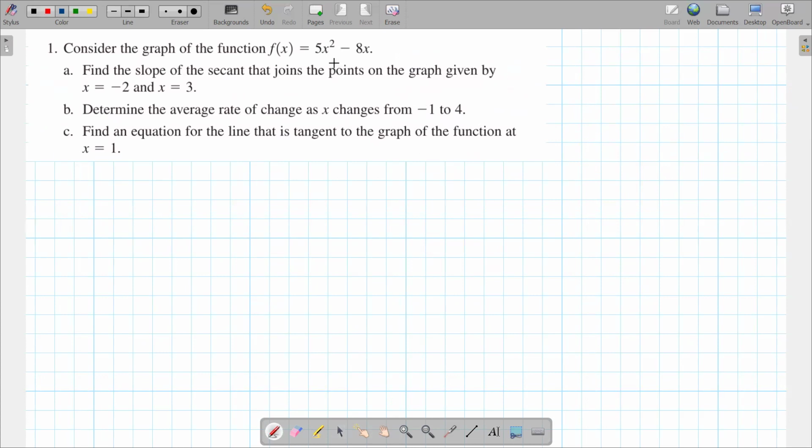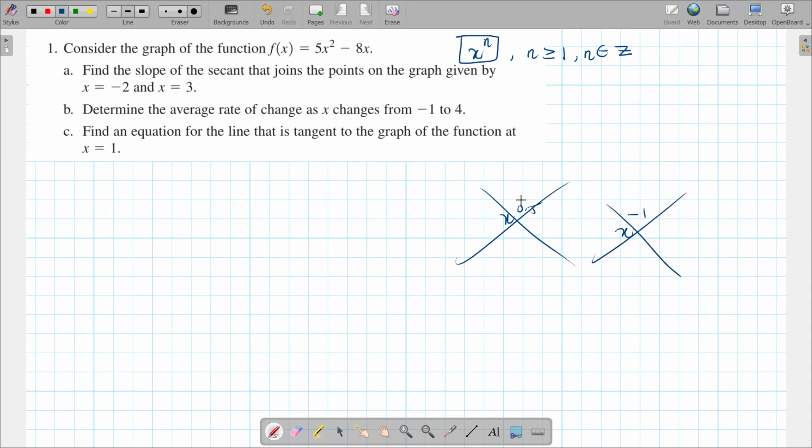So to graph a polynomial function, when I say polynomial, I'm talking about x to the power of n. Anything in this form, but that n has to be greater than or equal to 1, and it can only be integers or whole numbers. X to the power of 0.5, this is not a polynomial. X to the power of -1, it's not a polynomial. This power has to be a number greater than 1, can also be equal to 1.